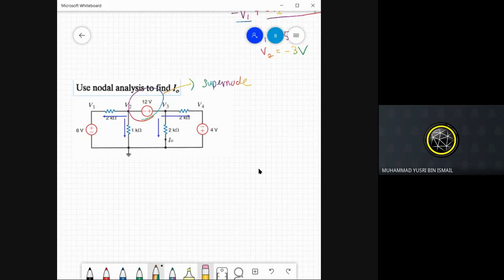Okay. So if you have a super node, you will have an equation that consists of V2 and V3 in one equation. Okay.